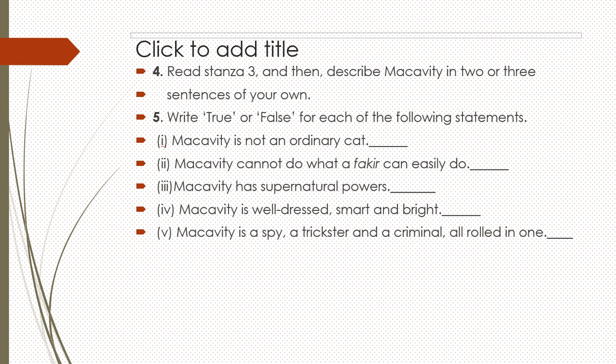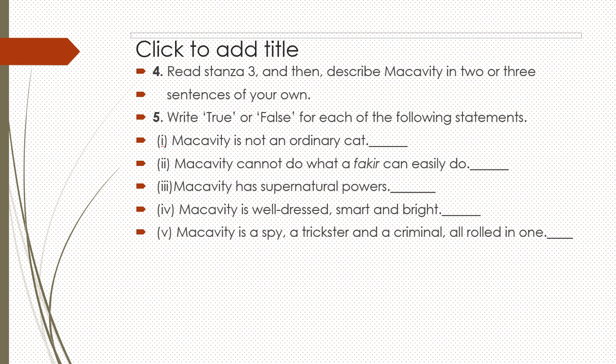Now let's move on to question 5. Question 5, what you have to do is write true or false for each of the following statements. First one, Macavity is not an ordinary cat. Second statement, Macavity cannot do what a fakir can easily do.